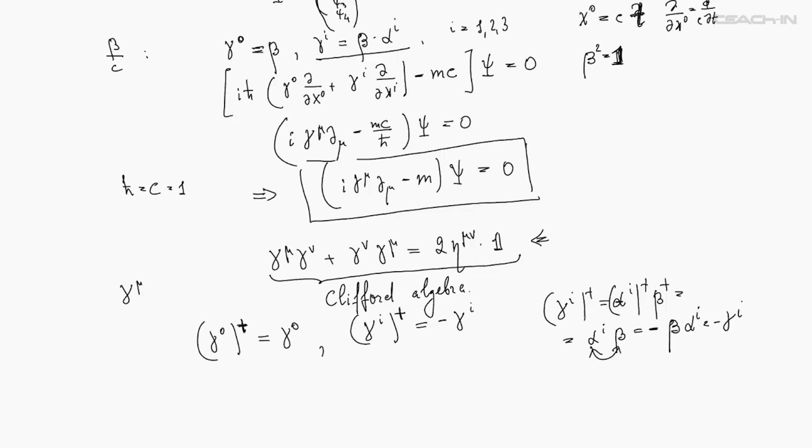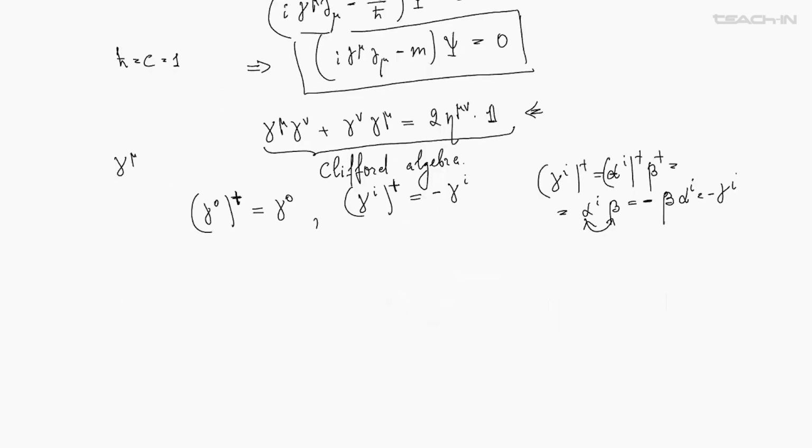Now, these two hermiticity properties can be combined in one relation, which can be written in the following way: gamma mu dagger is equal to gamma 0 gamma mu gamma 0. You see that when mu is specified to 0, you will have here gamma 0 dagger, and then you have gamma 0, gamma 0, gamma 0, so three gamma zeros.